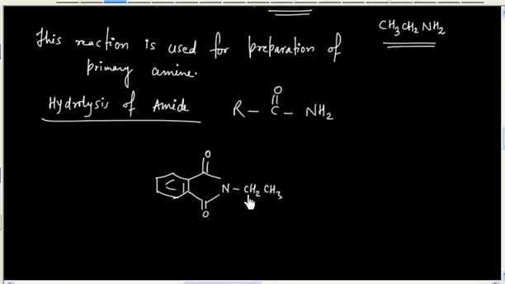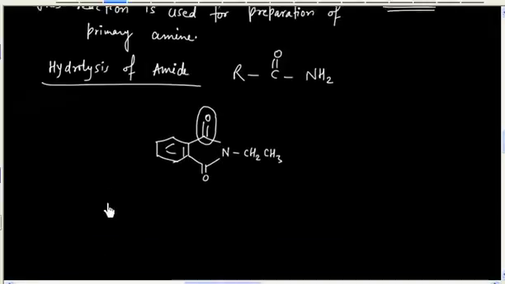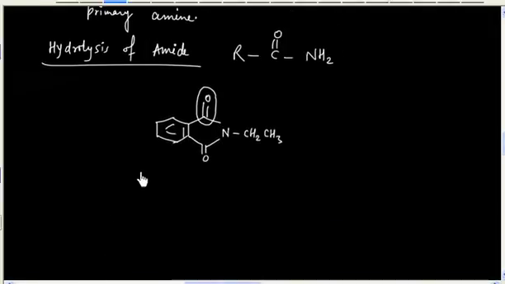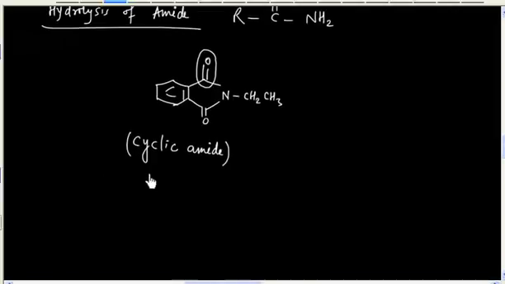So N-ethyl phthalimide is also an amide. You have CO and nitrogen. So this is also an amide. Only thing is this is a cyclic amide. Cyclic amides are called lactams.